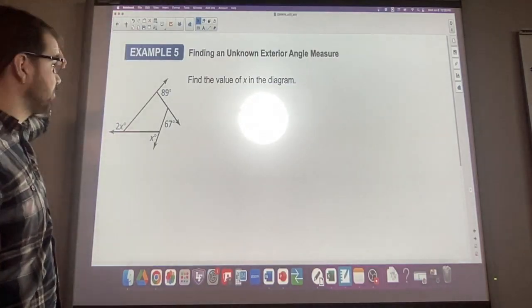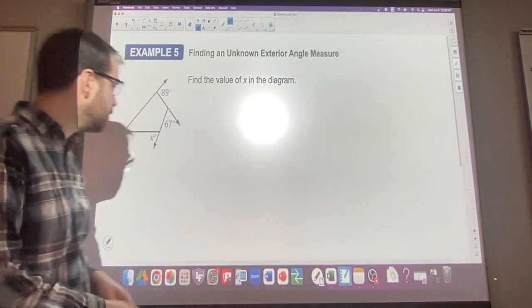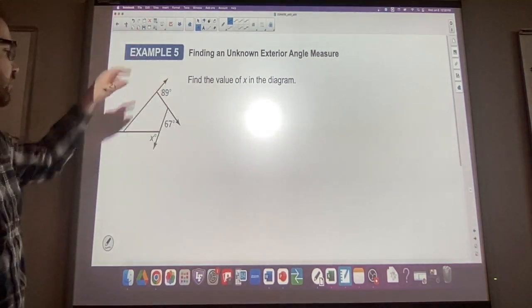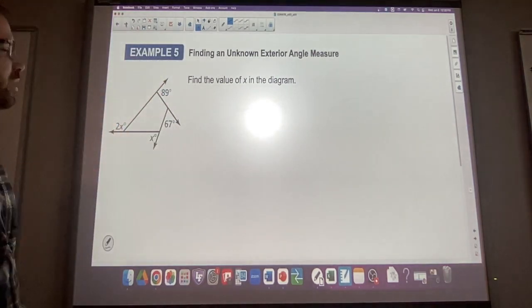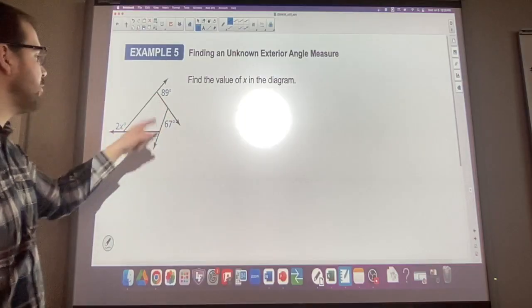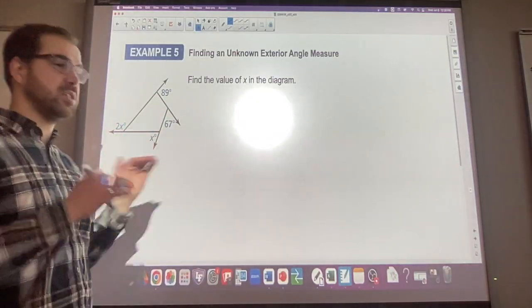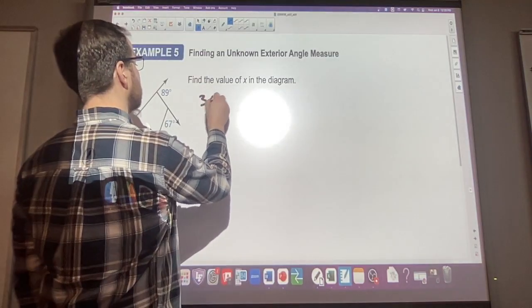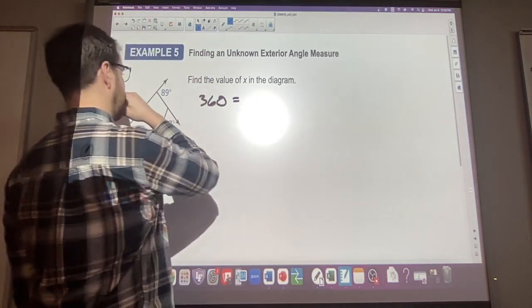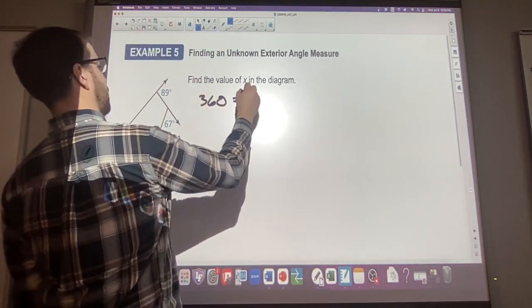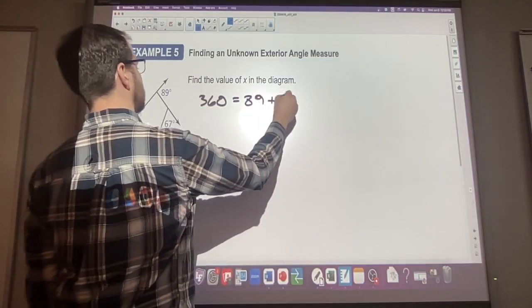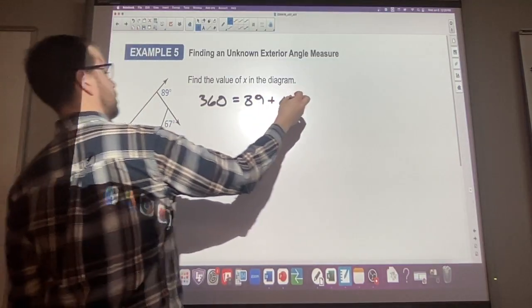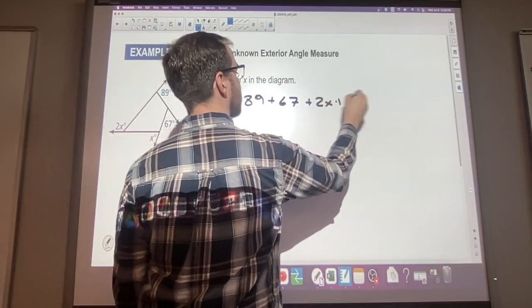Let's look at this. So they tell us that we have these 4 and we're missing 2 of them. So we got to set up an equation. We know that all 4 of these have to add, doesn't matter what type of shape it is, they have to add to 360. So we're going to say 360 equals 89 plus 67 plus 2x plus x.